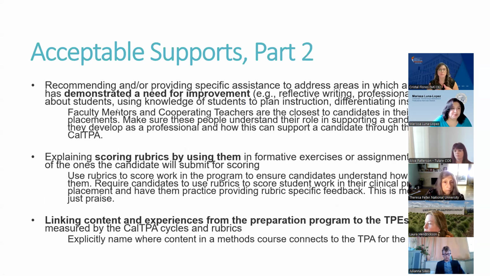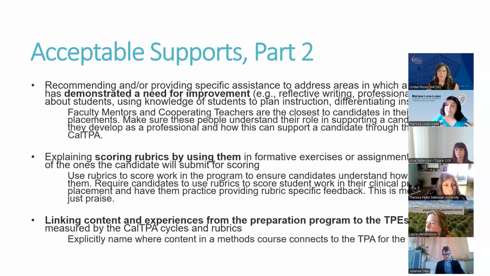Some more acceptable supports. Providing specific assistance for a demonstrated need for improvement. Faculty mentors and cooperating teachers are often the people that are the closest. They see those candidates on a regular basis in the space that they're in.